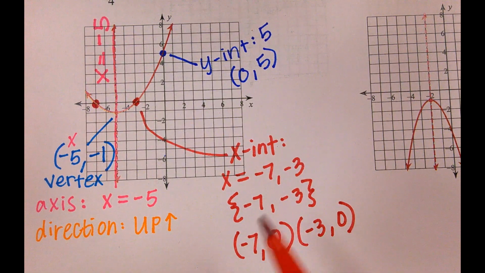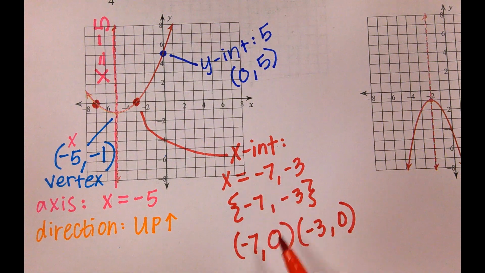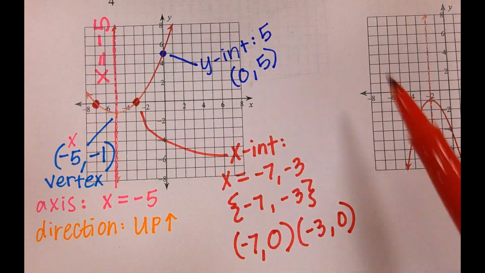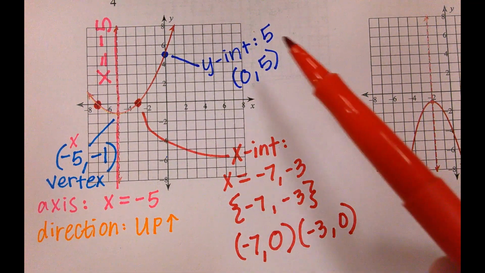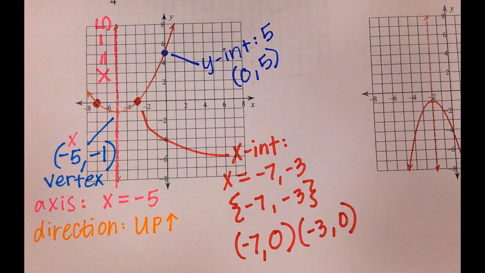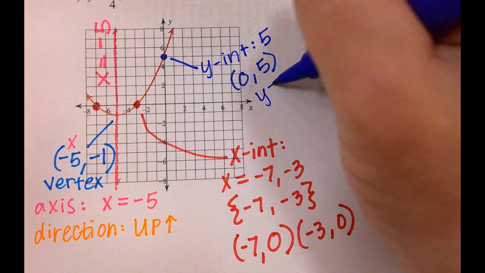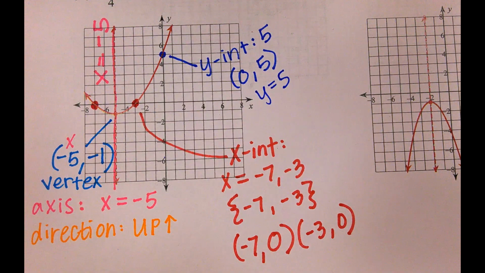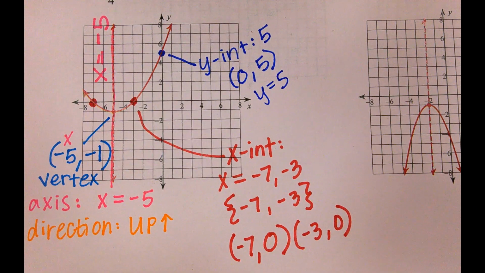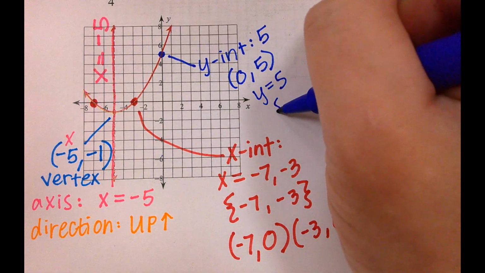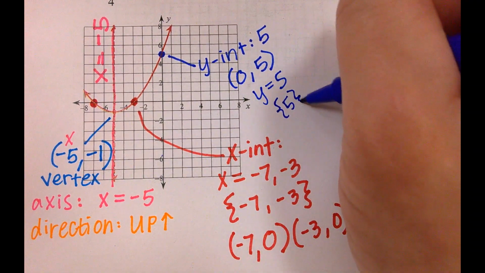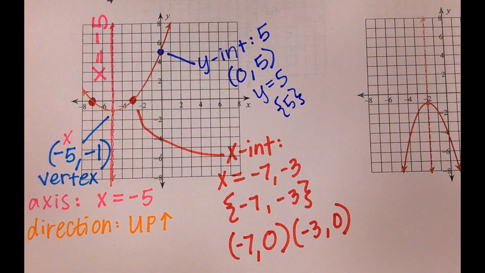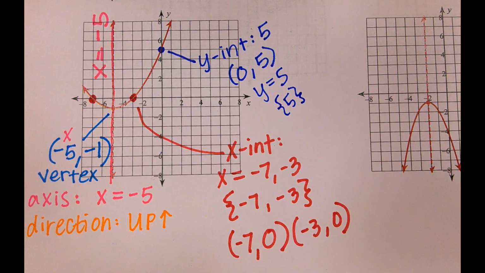As long as you know one of them, I will accept any of these 3 options. For your y-intercept, you've got 2 options. You could say that coordinate, or you could say y equals 5. Since it is a single value, you could also put the 5 in brackets. We have options.